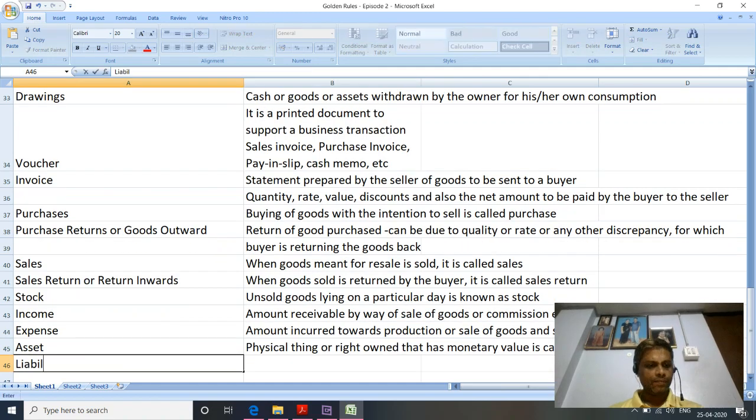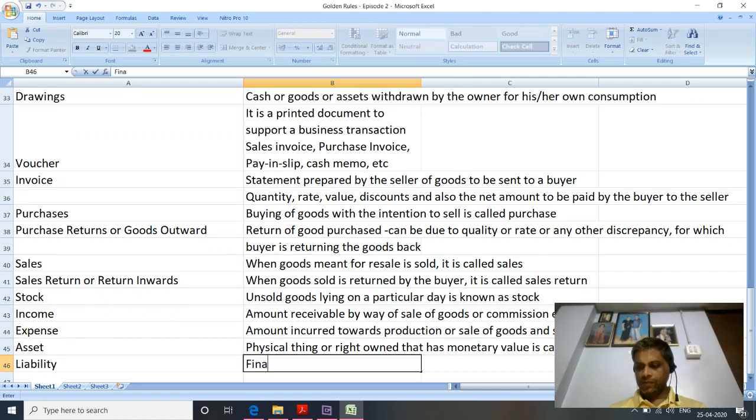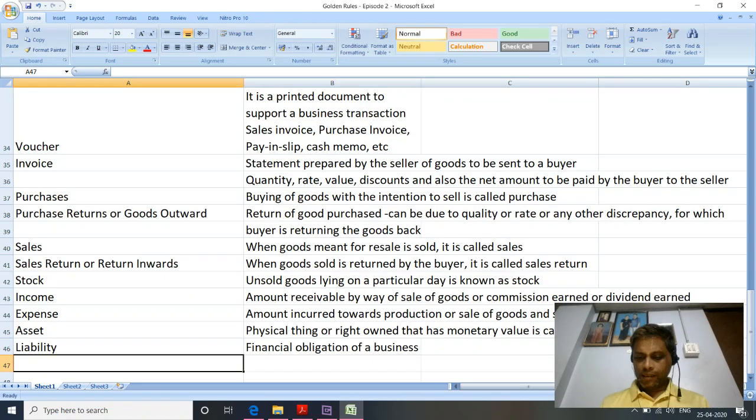What is a liability? It's a financial obligation of a business. Then who is a debtor?